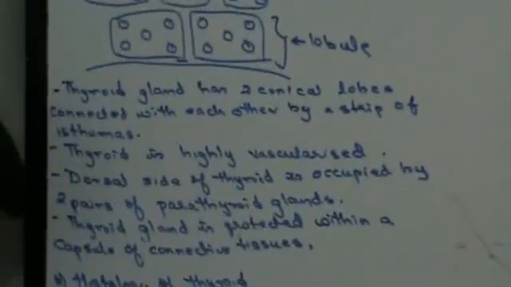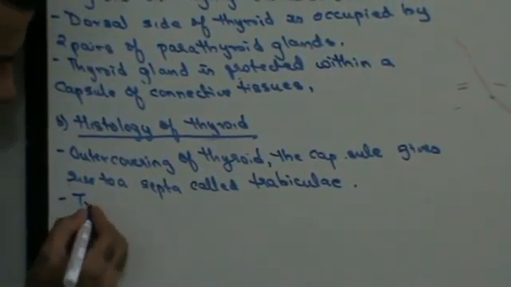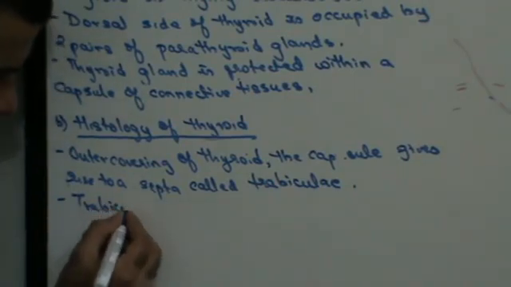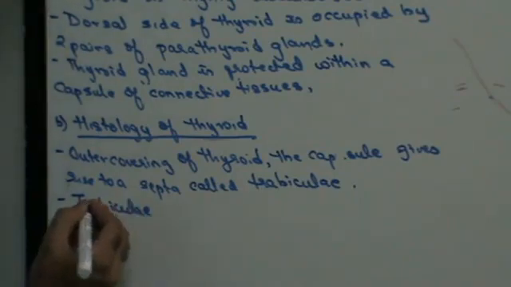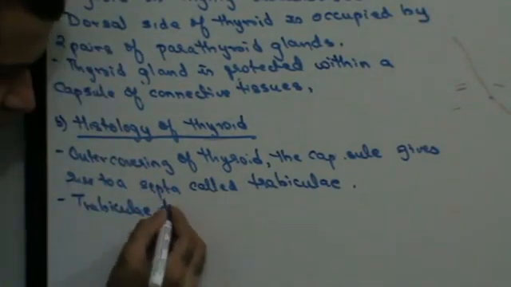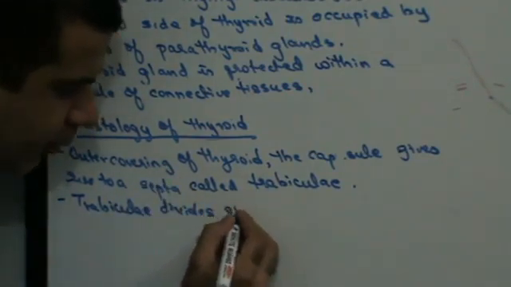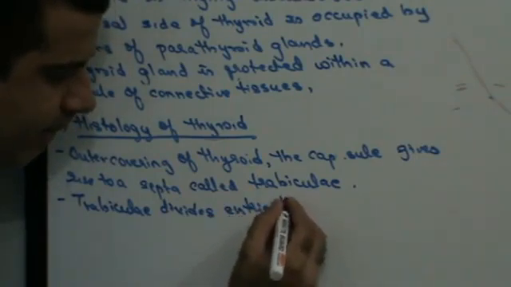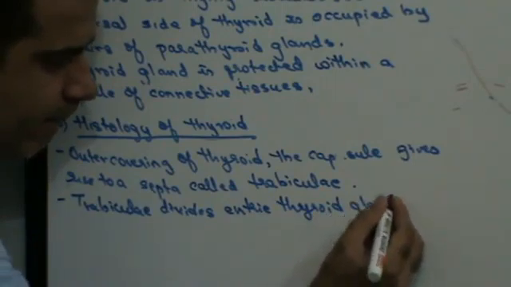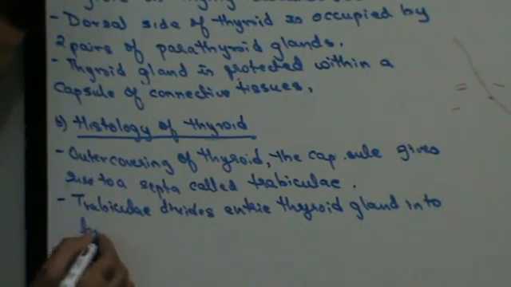Trabeculae divides the entire thyroid gland into a large number of lobules.